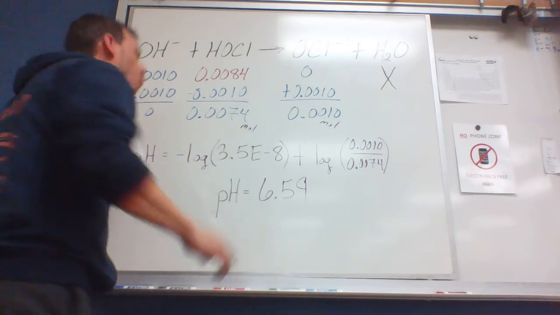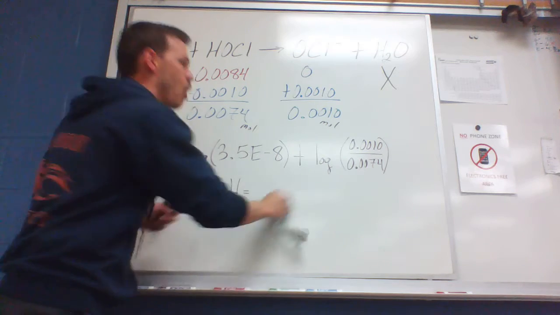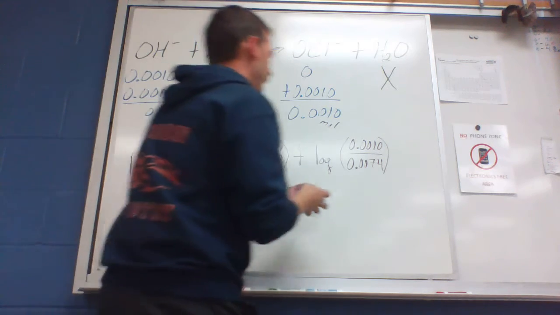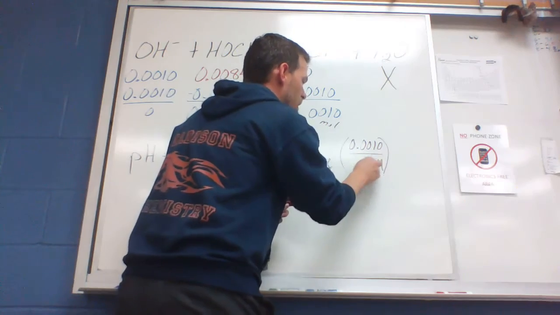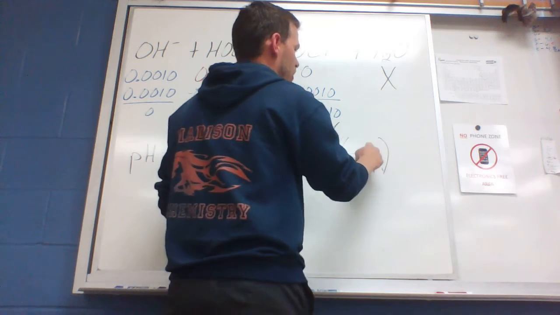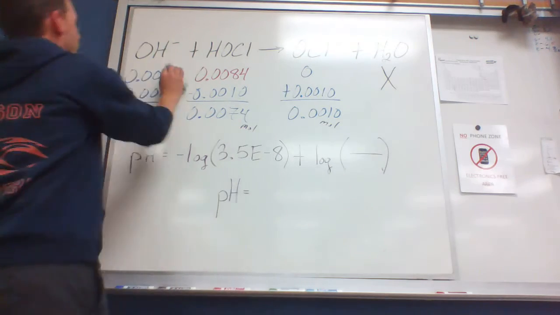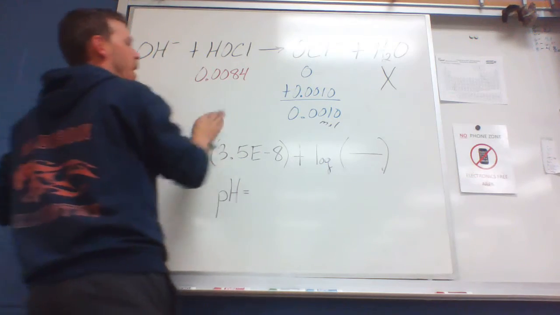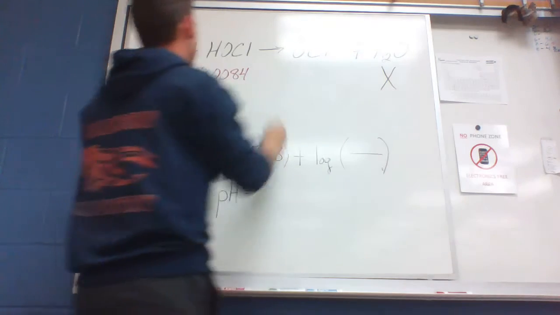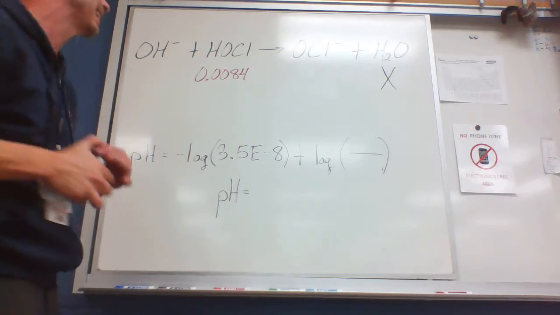Watch my erasing this time. I'm going to leave that there because I know it's going to ask for pH again, and I'm going to leave Henderson-Hasselbalch up here also, because the only thing that's going to change as the titration continues is those numbers. That's all going to stay the exact same. I'm also going to leave the 0.0084 up there, because we know that we're not altering our starting amount of weak acid.